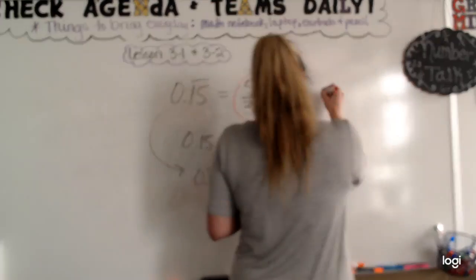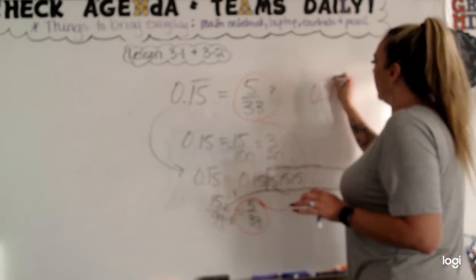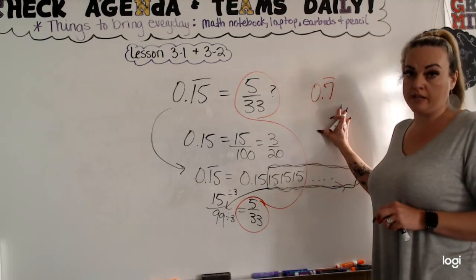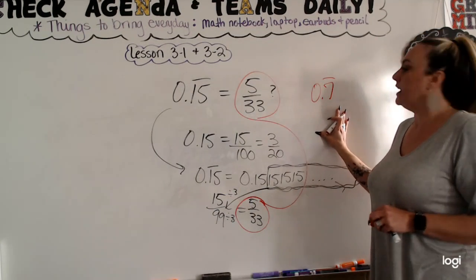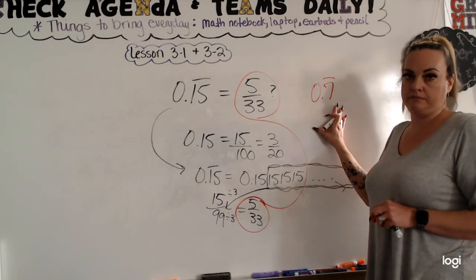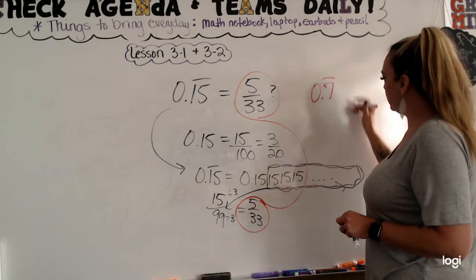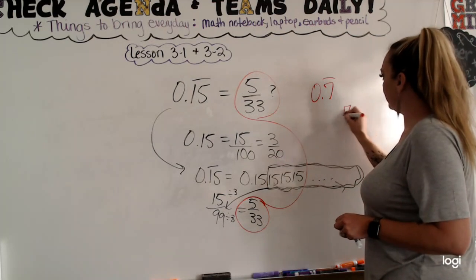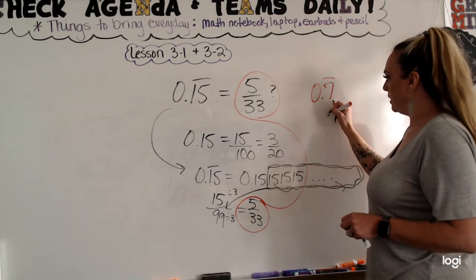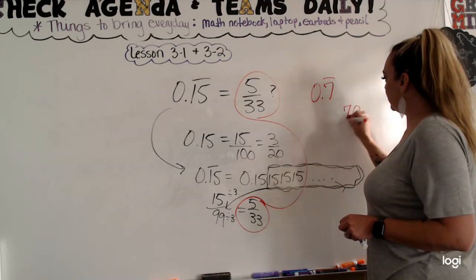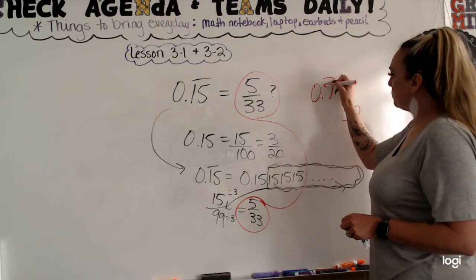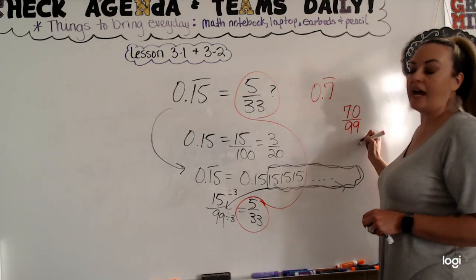What happens is, it doesn't matter what the repeating decimal is. Doesn't matter. If it is a decimal that repeats, you are always going to forget about that piece for a moment. So it would be 7/10ths, right? Which is the same as 70 hundredths, but it's repeating, so it's out of 99.